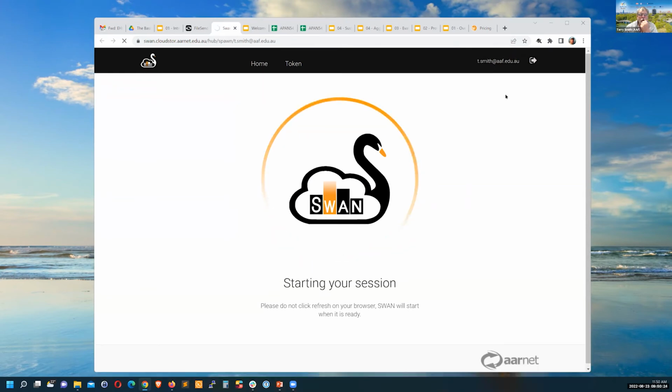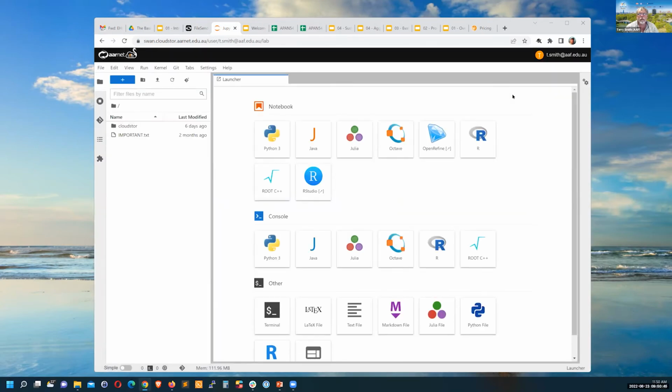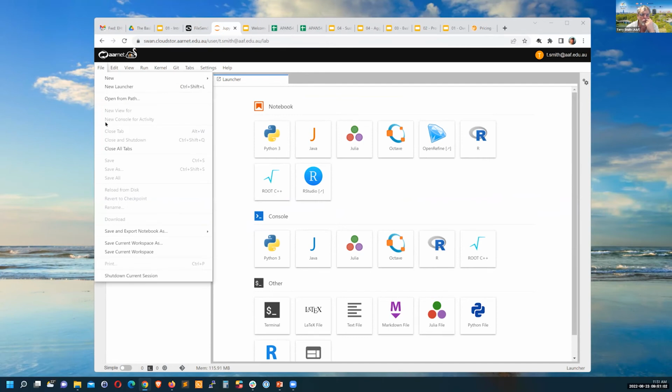And now I'm actually firing up a notebook in some cloud somewhere in Australia. And now I have access to this Jupyter notebook, which lets me do data stuff, research type stuff. I'm not really that au fait with it, but it's also showing me that I've got access to various files in here. I shall kill that off. Shut down that session.